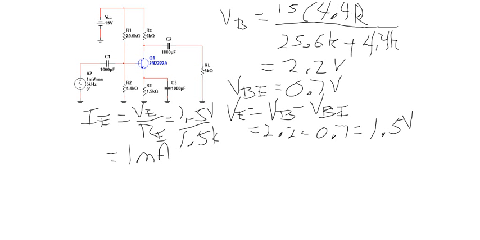So now my little RE prime. Now this one's just a constant, just like the 7/10 of a volt. I always use it. Some books use a little bit different value, like some books will use 0.65 or 0.8 or 0.75 for that VBE, and some of them will use slightly different values for this 25 millivolts.